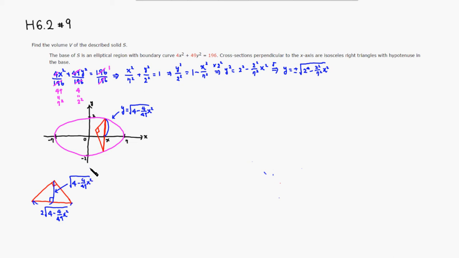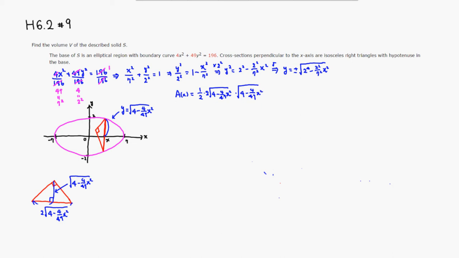So if you want to find the area function, A of x is going to be, since it's a triangle, 1/2 base, which is 2 times the square root of 4 minus 4 over 49 x squared, times height, another square root of 4 minus 4 over 49 x squared.